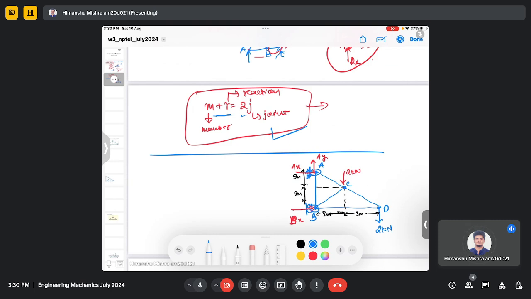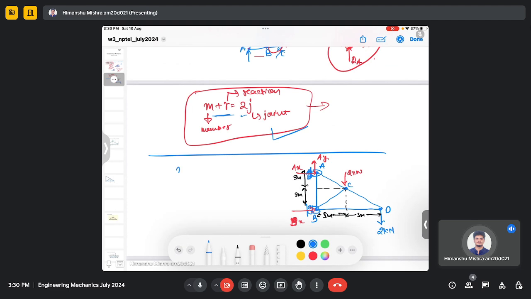So here M is the member, and you can see that we have 5 members. We have a total of 3 reactions, AX, AY and BX, and we have a total of 4 joints. So you can see M plus R equals 8 and 2J equals 8.